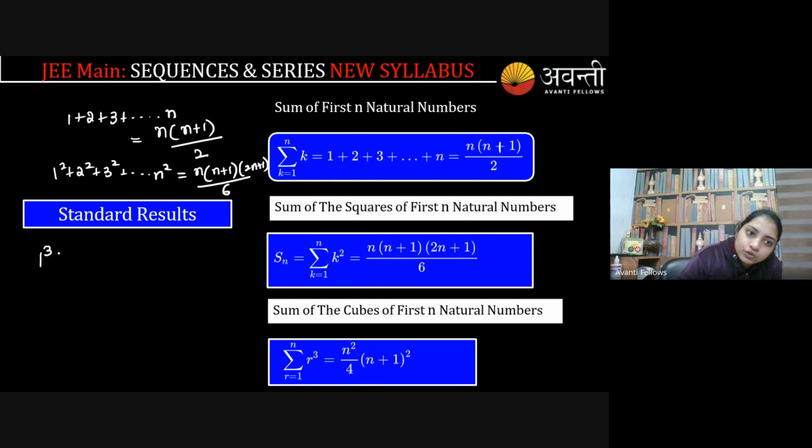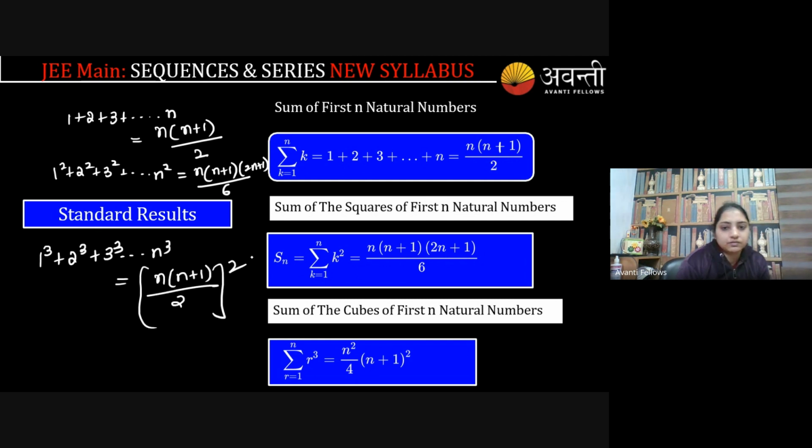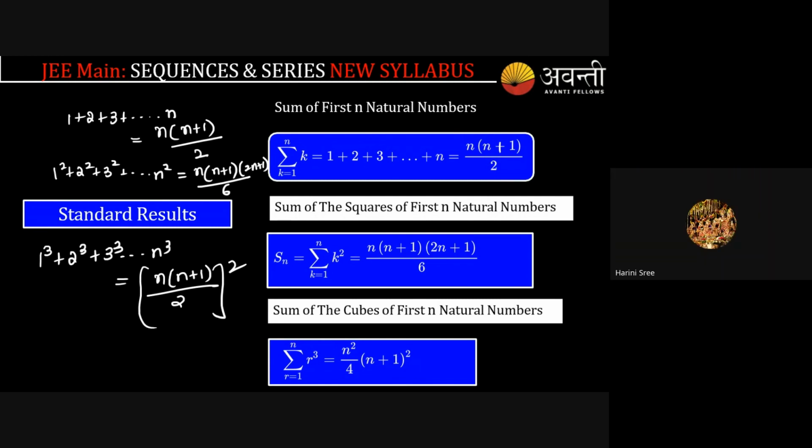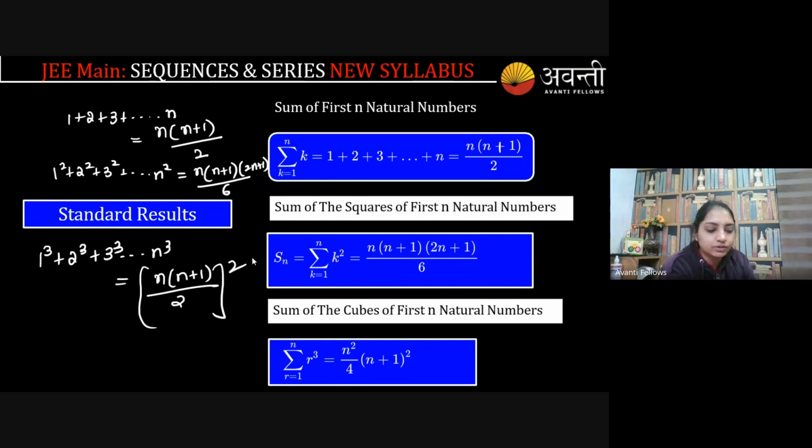If you have cubes, 1 cube, 2 cube, 3 cube, and so on up to n cube, that must be equal to n into n plus 1 divided by 2, whole square. Is it okay for everyone? Clear? Yes, ma'am. Any doubt till there?